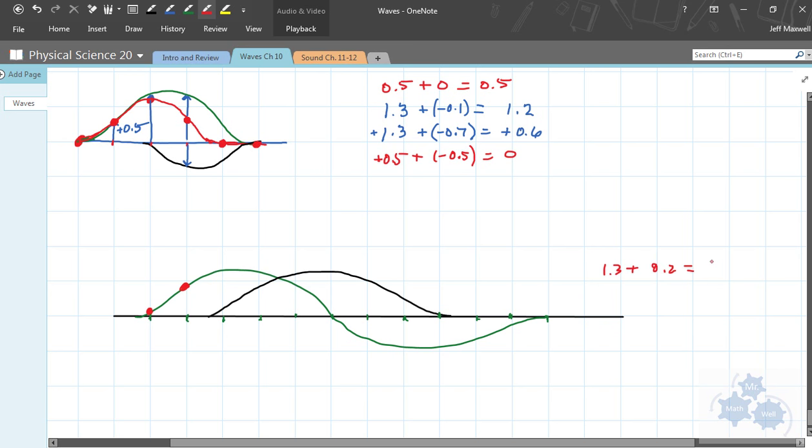Okay? And so here we have a resultant wave of positive 1.5. So this is an example where we have to bring this above the wave. See? We have a positive wave, that's the 1.3, plus another positive part, 0.2, adds up to 1.5. Got it? Okay, just simple adding.